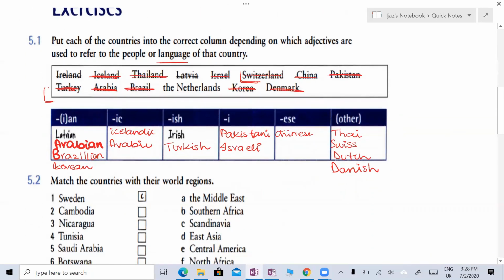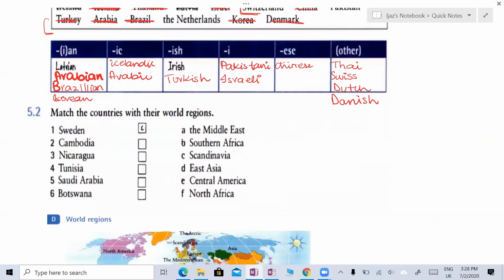Okay, so this is some kind of practice when we say the country. You can go for some more details: when you look at the country, what is the nationality called and what is the language spoken in that country.